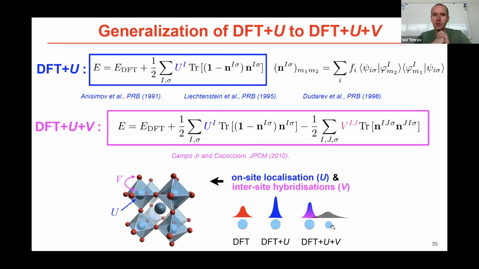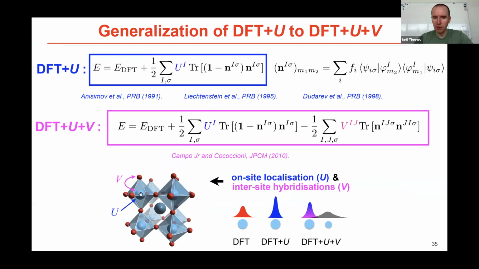The plus V term is needed when you have covalent bonding. If you know the difference between ionic bonding and covalent bonding, in ionic bonding you have electrons localized on the transition metal and they don't hybridize a lot with ligands, with oxygens. So in that case, plus U should be sufficient.